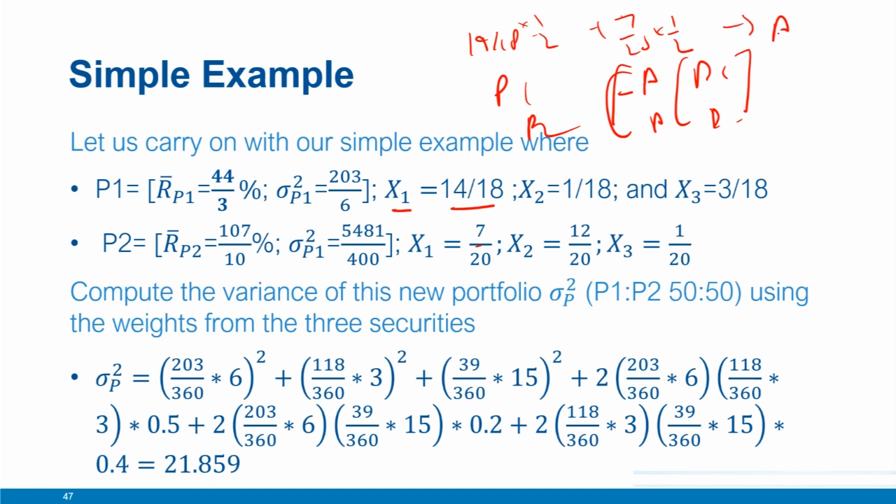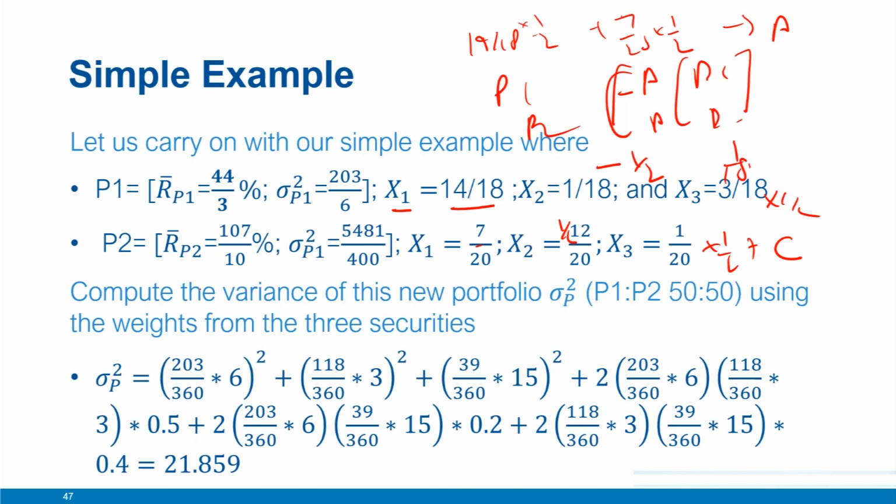Similarly, 1 by 18 into 1 by 2 and X2 into 1 by 2, and similarly this into 1 by 2 and this into 1 by 2 in security 3, which we are calling C. Now we know the proportionate amounts invested in A, B and C.